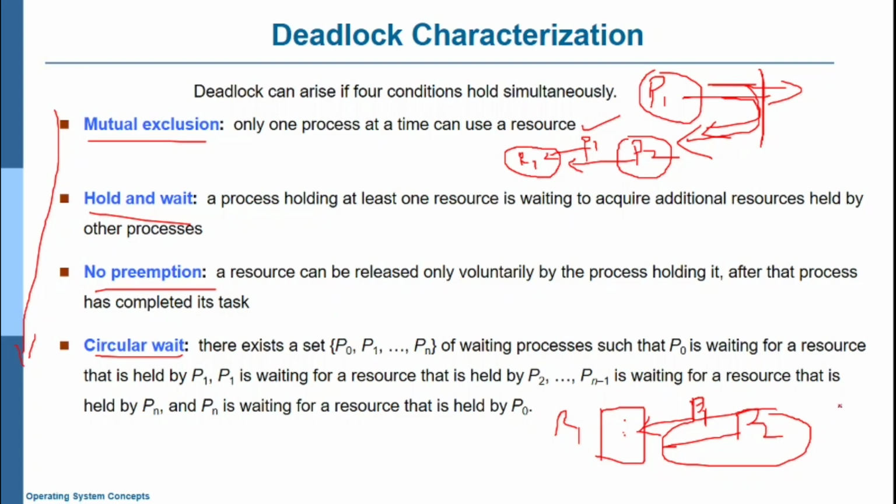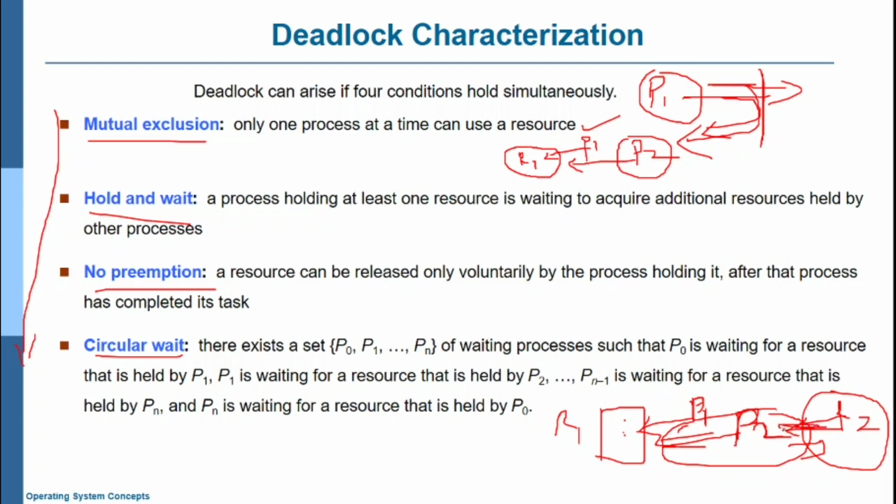So P2 is holding resource R2. It is already holding it, but to complete its task, P2 requires R1 and R2. But R1 is held by P1, and R2 is held by P2, but to complete its task it requires R1. That's what hold and wait is.